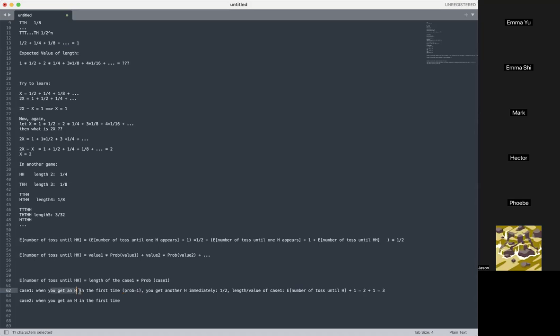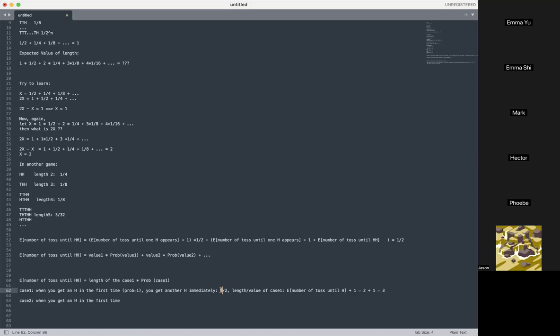So getting an H the first time doesn't influence your probability, because you will eventually get an H. The only thing influencing your probability is, after you get an H, what is the next toss? The next can be an H, which happens with 1/2 probability, or it can be a T, which also happens with 1/2 probability. And these are exactly just two cases, right?